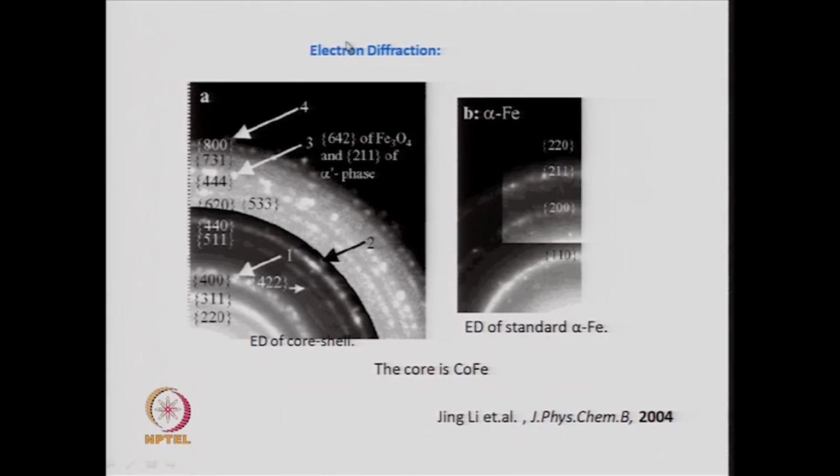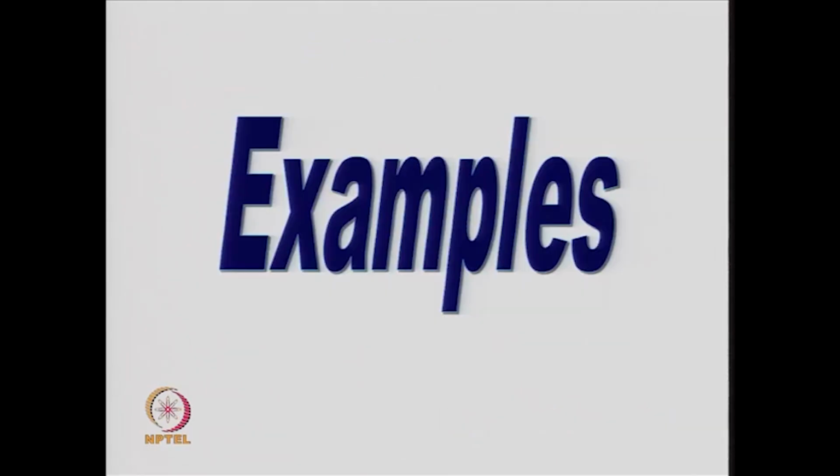So, using electron diffraction and by assigning these reflections, each spot is from a plane in the crystal lattice, and when you can assign the planes of both the core and the shell, you can say that both these are present in the solid. So, using electron diffraction you can assign both the structures which you see in the core and in the shell.